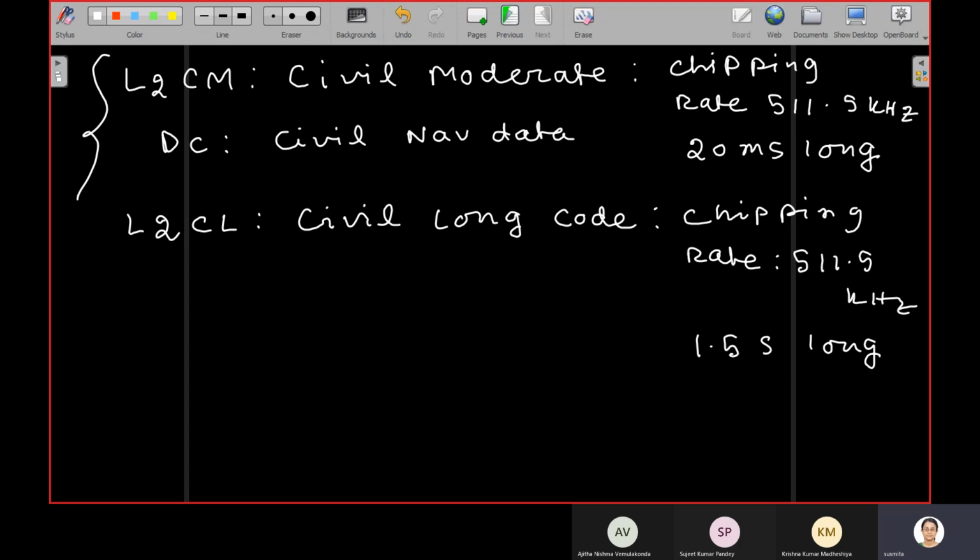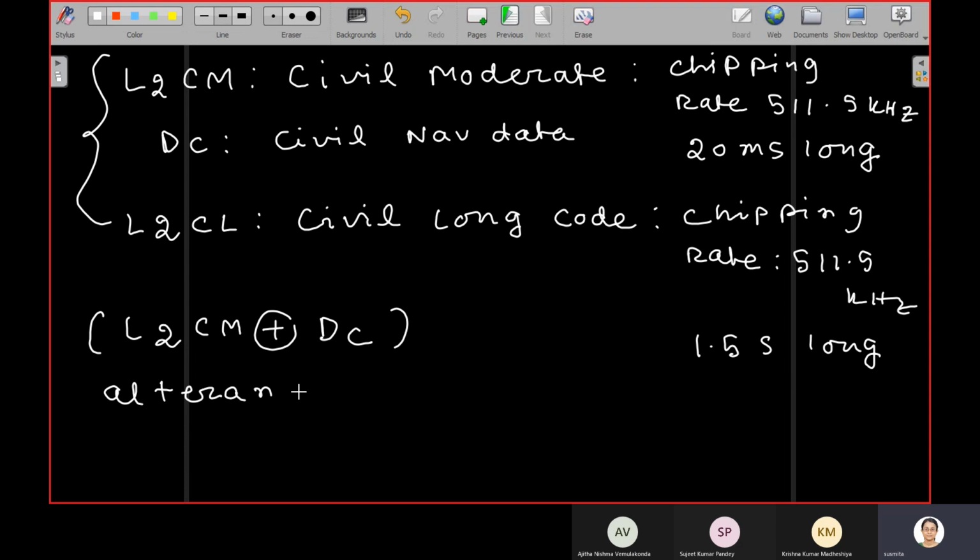And how are they transmitting the two? They actually do the modulo-2 sum of L2CM and DC, and this modulo-2 sum alternates with L2CL in time.